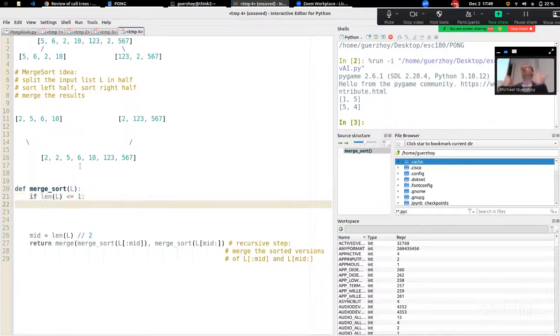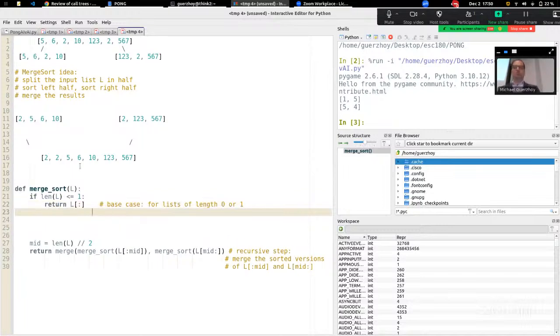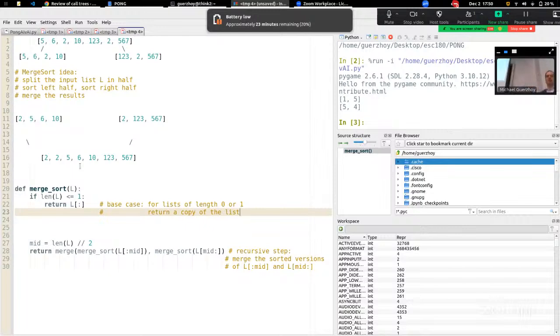So just return a copy. Does that make sense as a base case? If the list is of length 0 or of length 1, it's already sorted. Don't need to do anything. Just make a copy and return. There are, in fact, 10 minutes remaining.